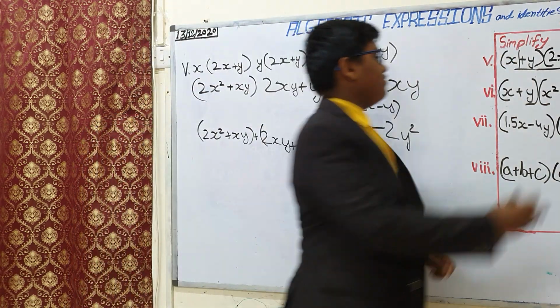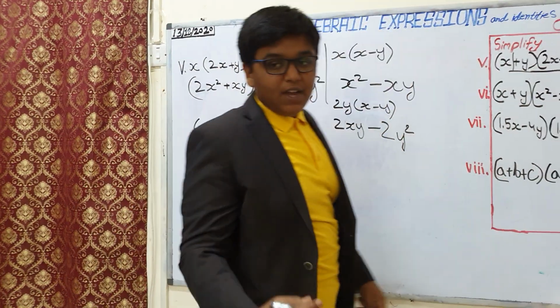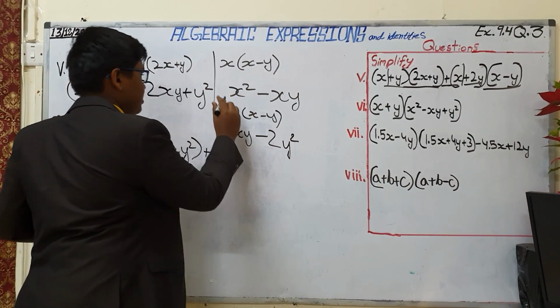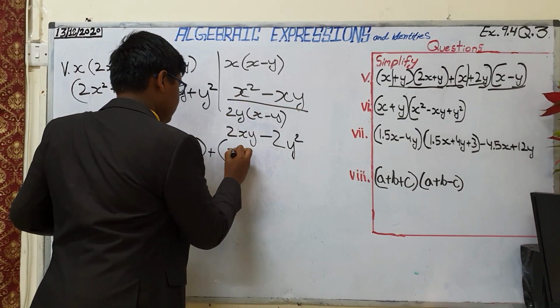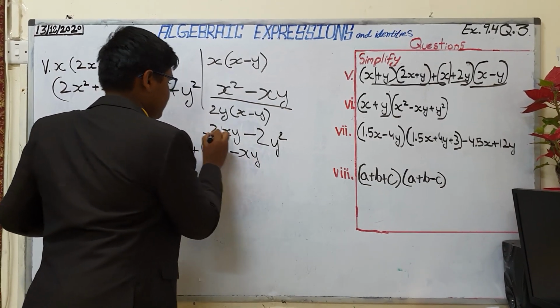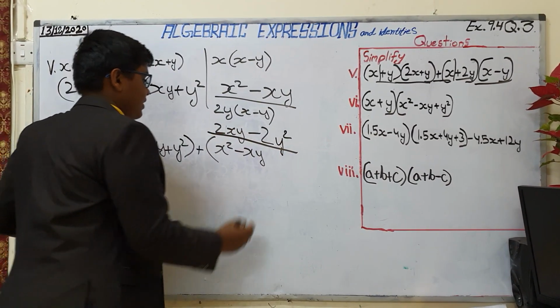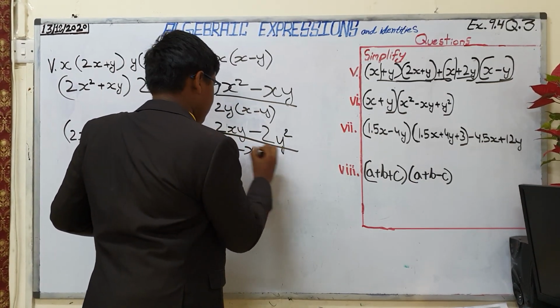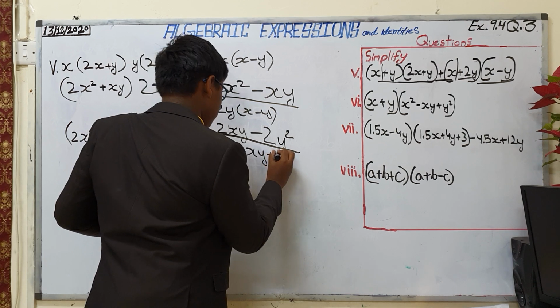Then here we have given a plus, so that means we have to add it. Then the answer which we got here, x squared, then minus xy. Then the answer which we got here was 2xy minus 2y squared. We have a positive sign here, so we will put the adding sign.